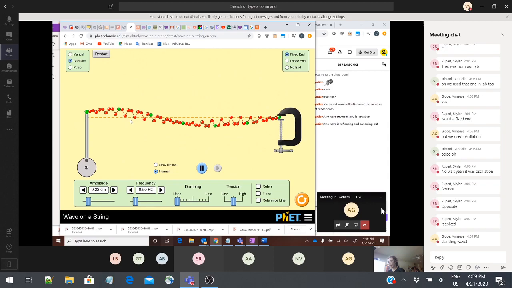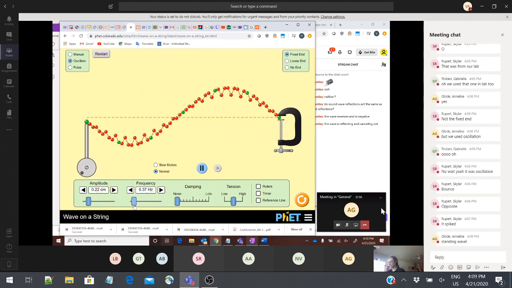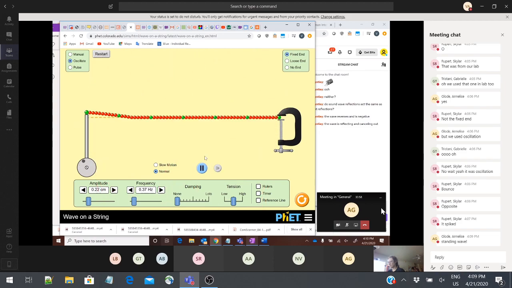Okay. What happens if I change my frequency? Let me just roll it down to something super random. Let me stop and restart. So I've changed my frequency, which is the rate at which this wheel is spinning.